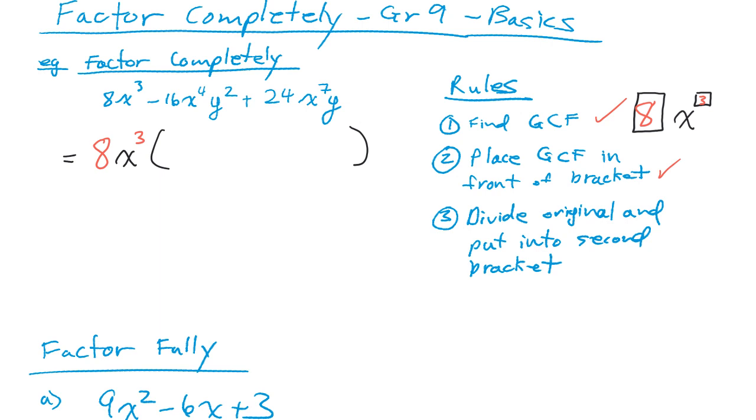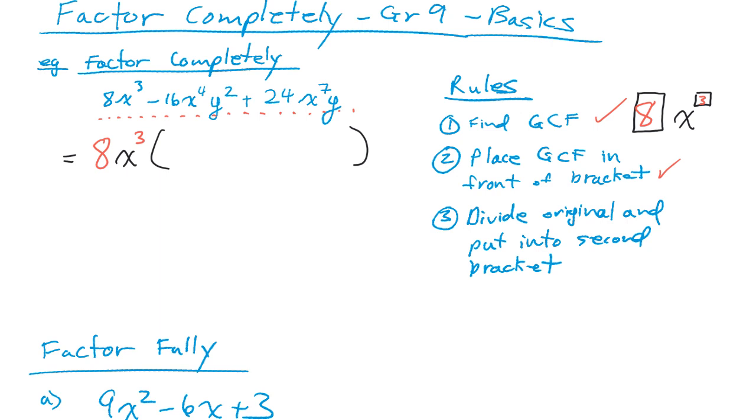Because what our garbage collector does is it goes and takes away all the stuff that's in that original equation. And what we're going to do is divide each of the terms by our 8x cubed. So now all we have to do, just like before, is look at the coefficients and divide them out.